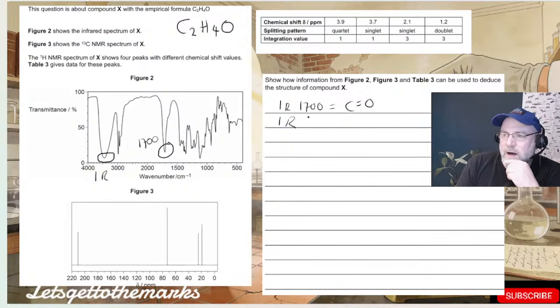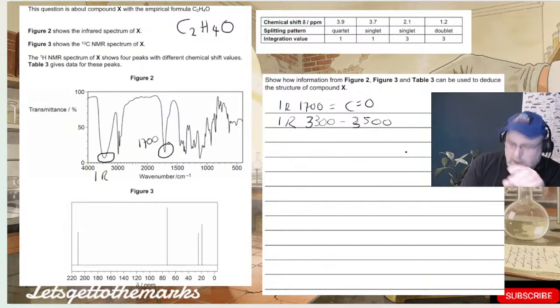So IR 3,300 to 3,500, and we're going to say that is giving us the OH bond, not for the carboxylic acid. The carboxylic acid, I think, is around 2,600 to 3,000.